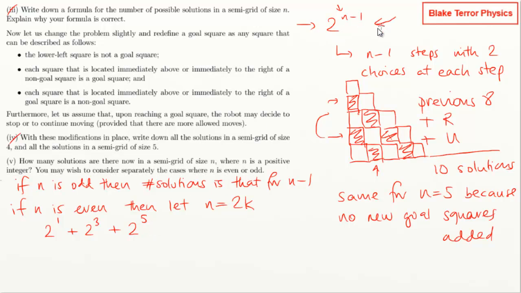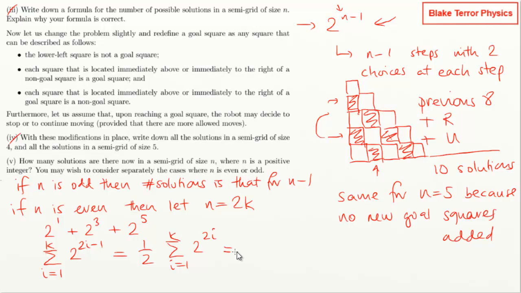So let's say i, because we've used n and k, is 1 up to k of 2 to the 2i minus 1. Let's get rid of that minus 1, because that's just a half. So a half of the sum of i equals 1 to k of 2 to the 2i.